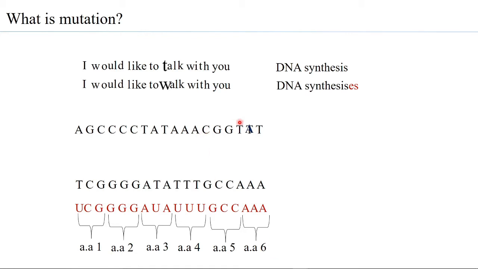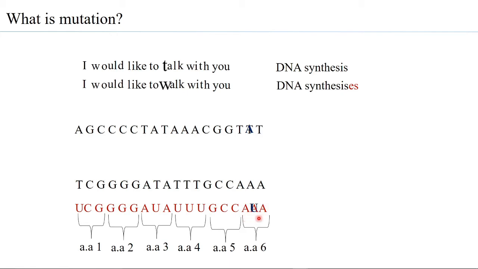Now, say for example, the T changes to A, just like the T changed to W over here. So when this strand is used as a template to synthesize the RNA, instead of the T, you have an A over here, and what will happen is now you will have U, because complementary to A is U. This means that in this entire RNA sequence, one nucleotide has been altered.